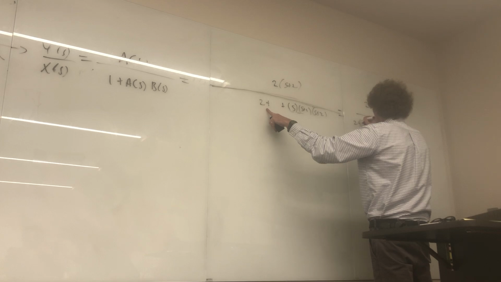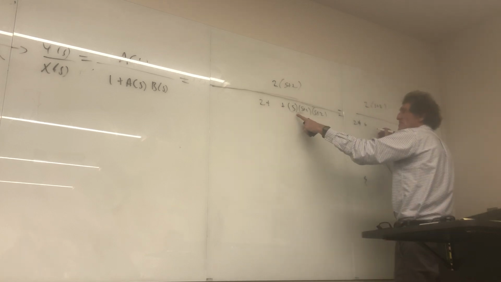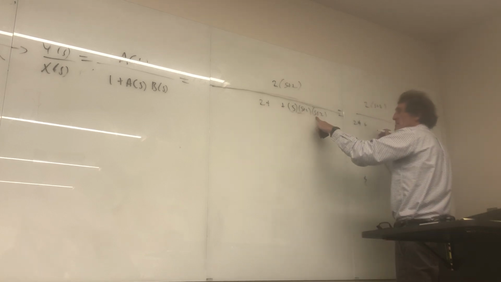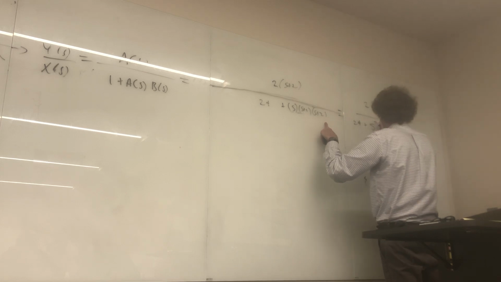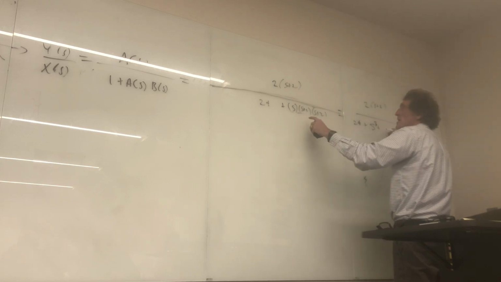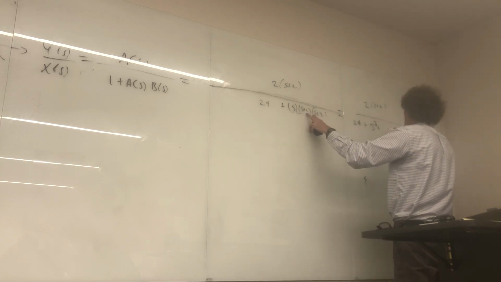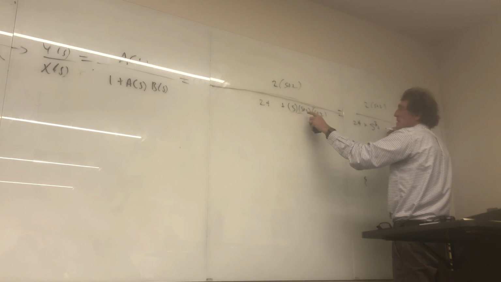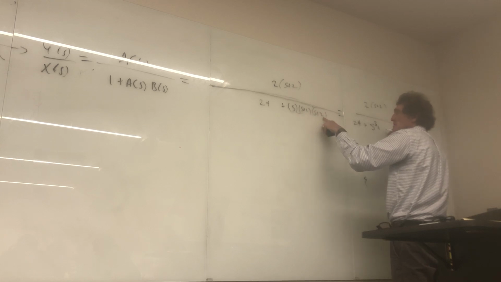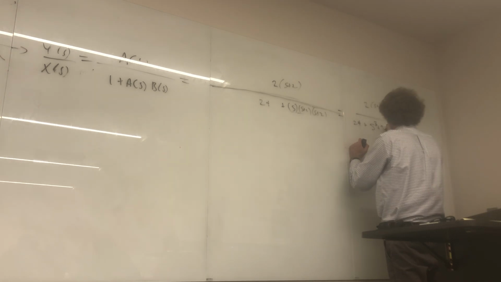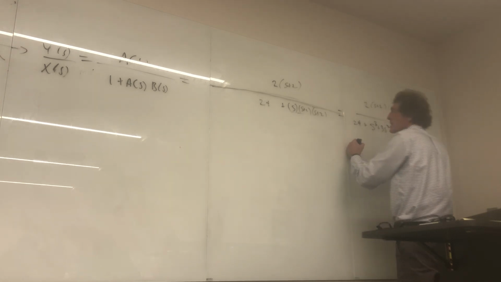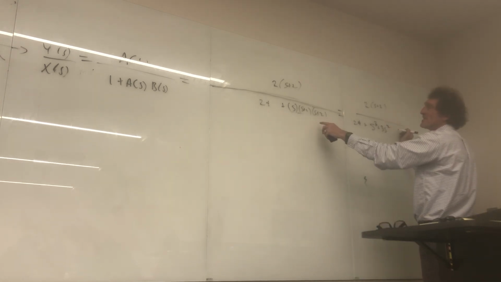be 24 plus, first I have S times S is S cubed, right? S cubed plus, then I have 1 times S plus 2 times S is 3 times S, so plus 3S squared, right? And then I have, what's left after that?